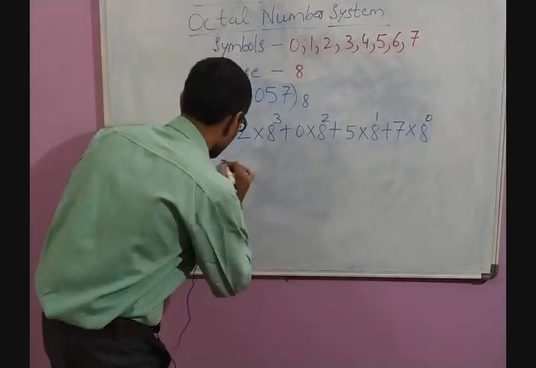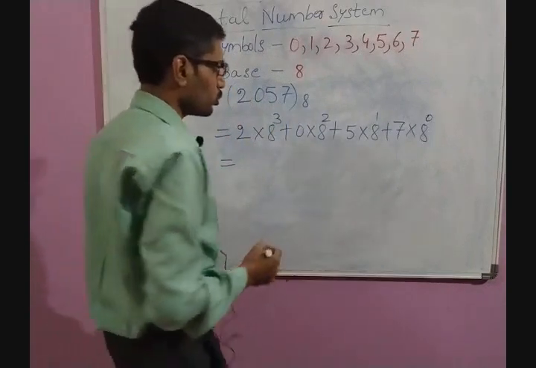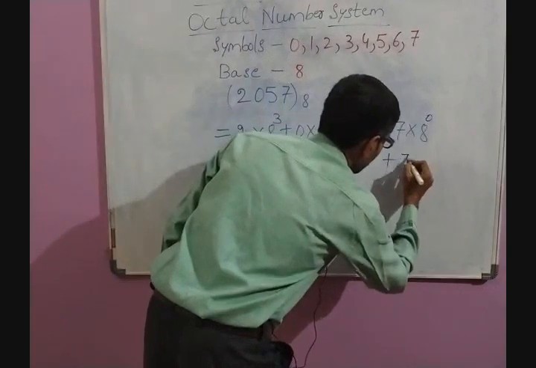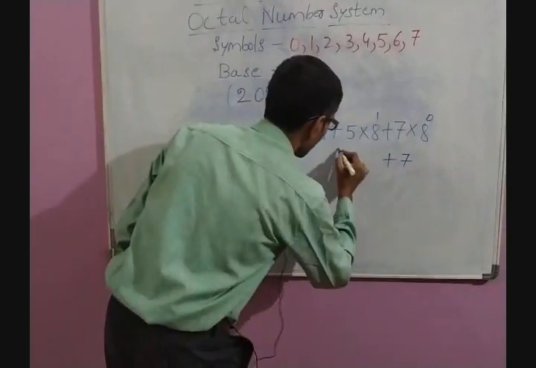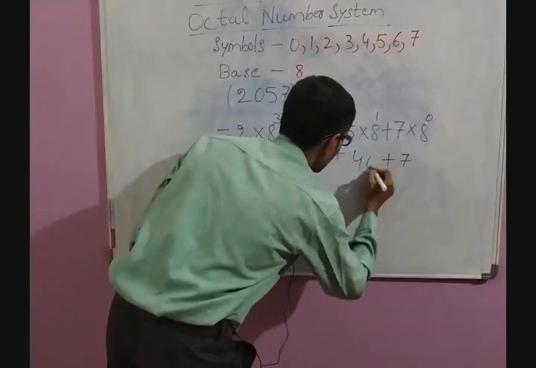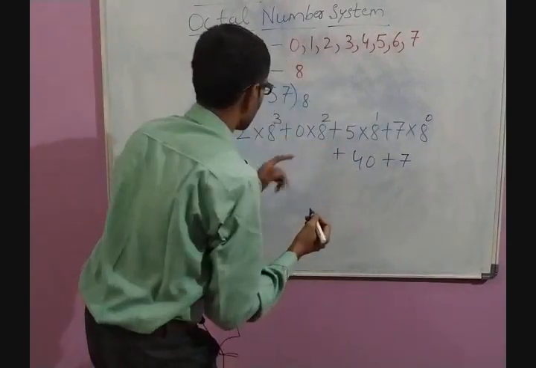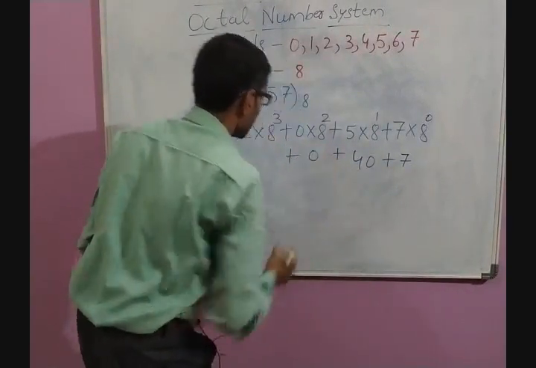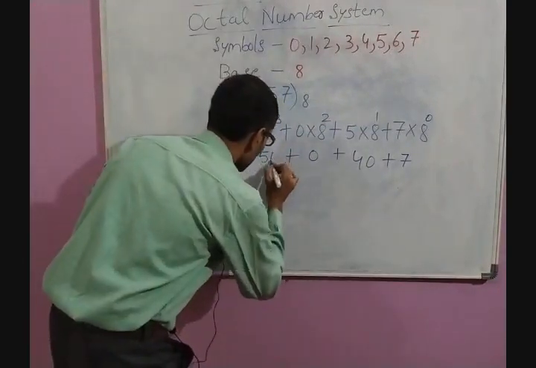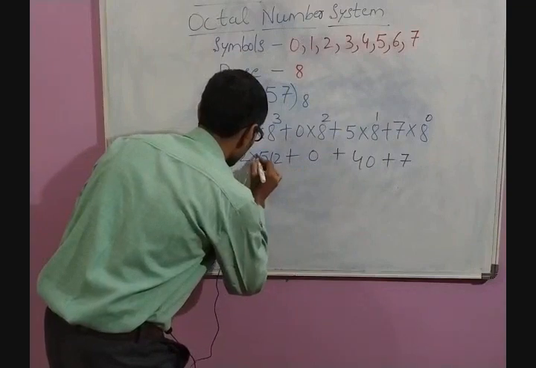Now if you calculate this, 8 raised to 0 is 1, so this will be 7, plus 8 raised to 1 into 5, which is 40, then 8 square into 0, which is 0, and then 8 cube is 512, and this will be 2.